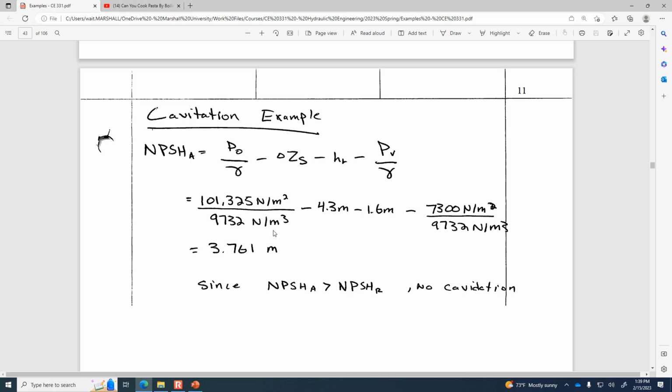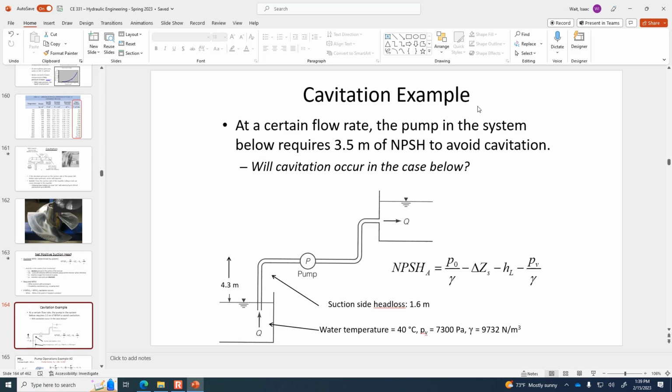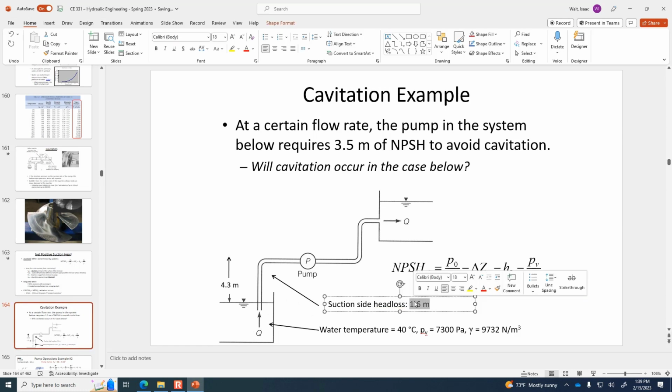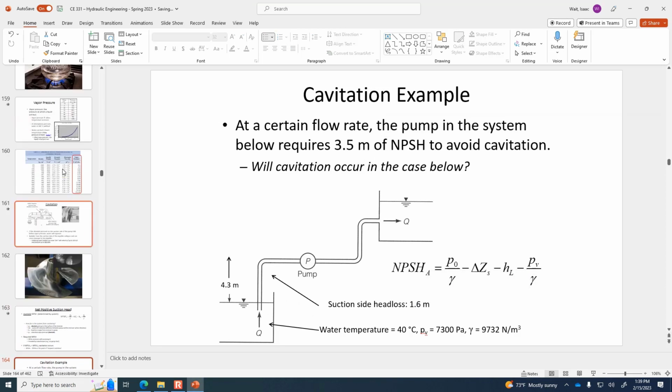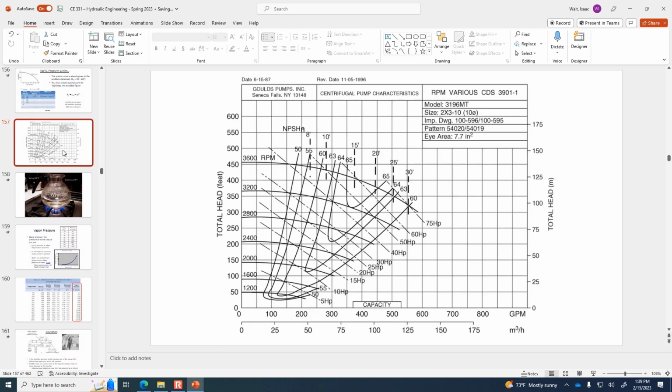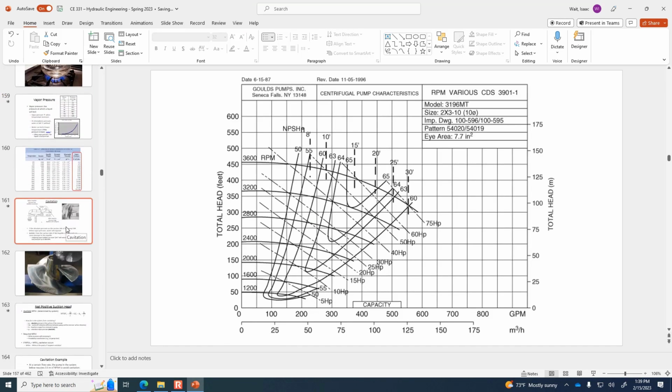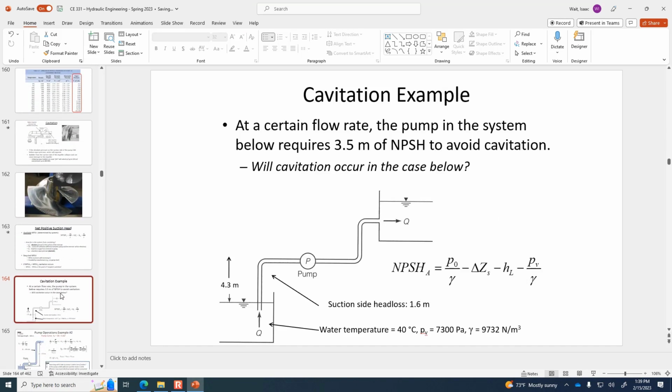Now, in a real-world situation, how would this kind of problem be different? Well, you wouldn't just be given the head loss, of course. That's something that you'd have to calculate, and you wouldn't just be given the required NPSH. That's something that you'd have to look up off of the table. And then the other thing that you should ask in a situation like this is, so how far away are we from cavitating? We're pretty close, actually.